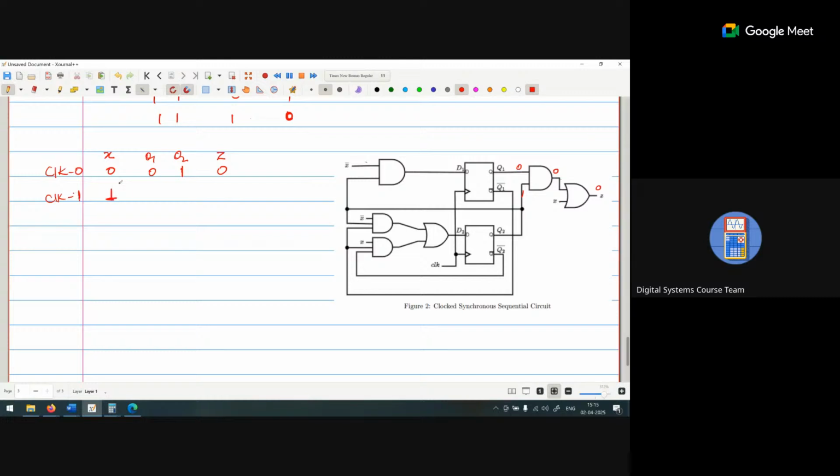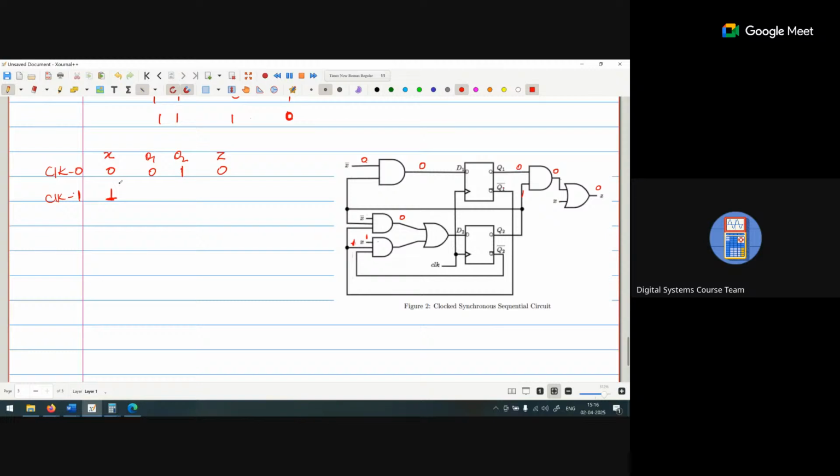When X is 1, X bar is 0. So here it is 0. Second, it will be connected with Q1 bar. So Q1 bar is 1.